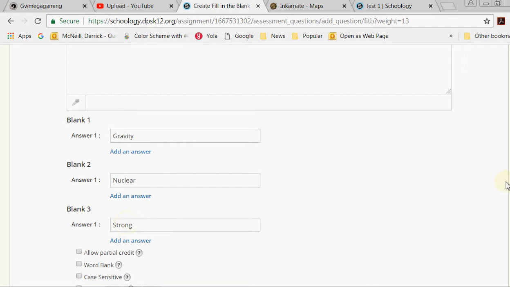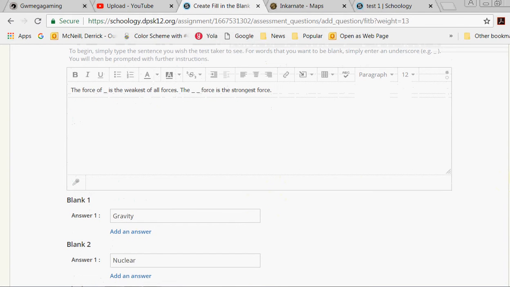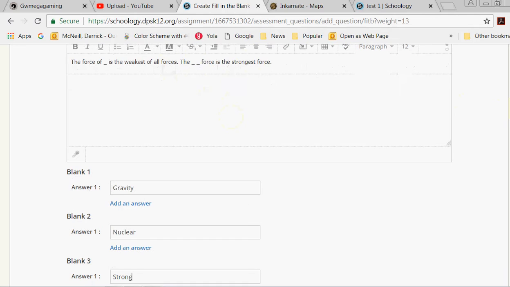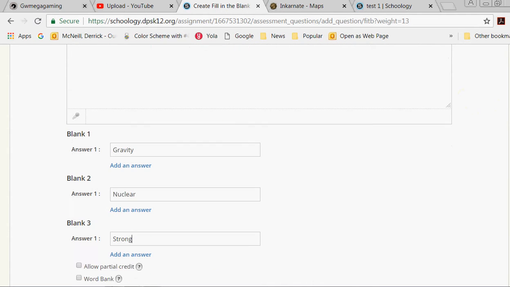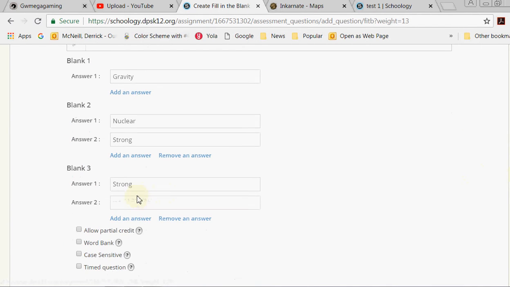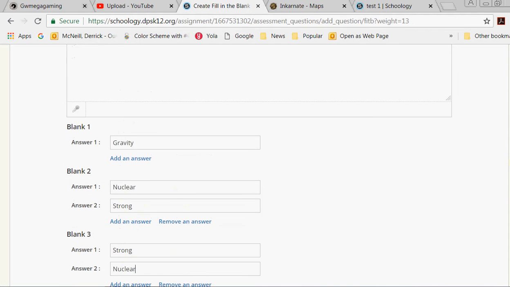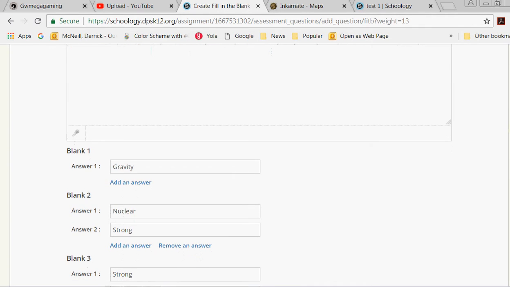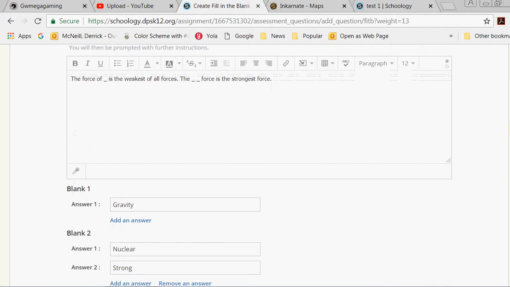Now here's the difference here. I'm in a little bit of a conundrum here. Because these are two next to each other, it is as acceptable to say nuclear strong as it is to say strong. Unfortunately, that configuration would allow somebody to answer this as the strong force, the nuclear force, and get full credit for it.